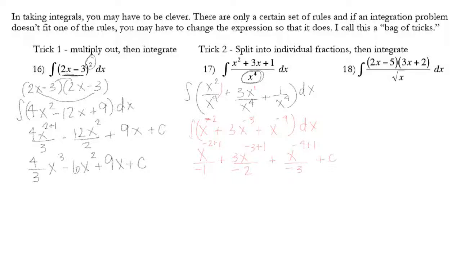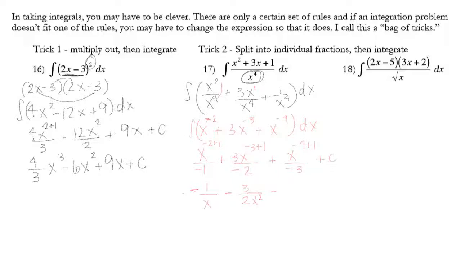And then from here, let's see, if we simplify, we're going to have negative 1 over x. So we get x to the negative 1, and then the negative 1 in the denominator makes the whole thing negative. And let's see, we're going to have minus 3 over 2, and that x is going to move down to the bottom and be x squared.